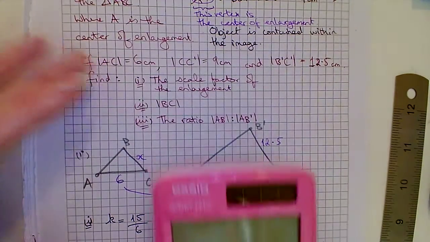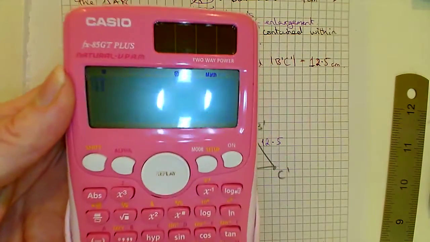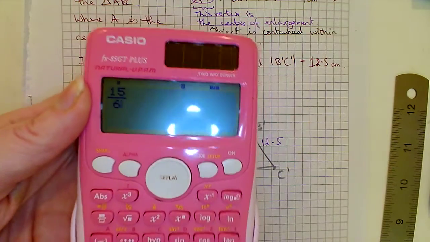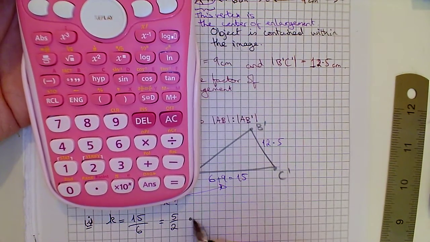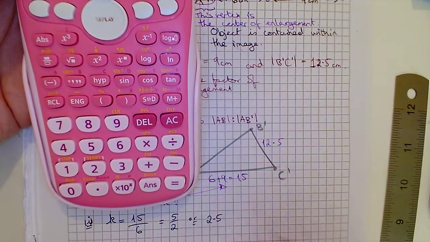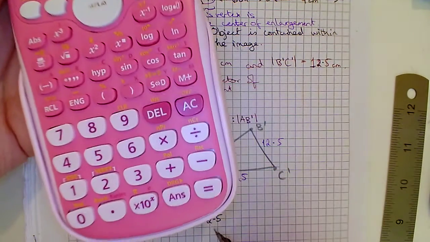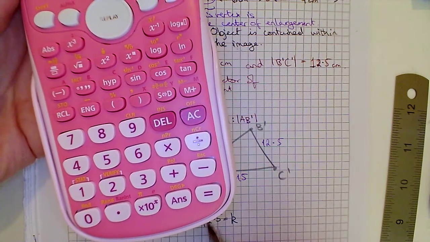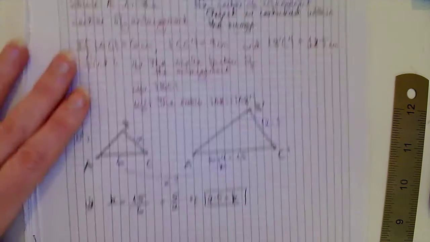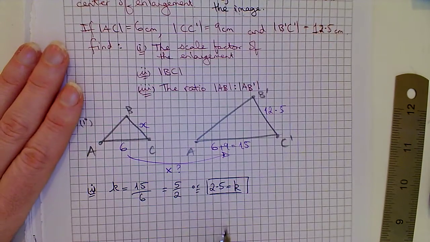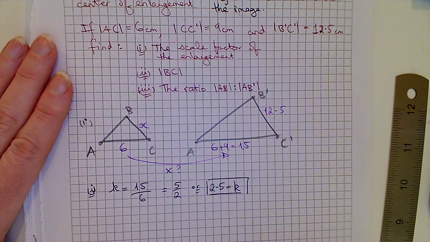And you can leave it like that if you want to, as a fraction, 5 over 2, or you can write it as 2.5. Because that's a nice neat decimal number, I might leave it as a decimal number. It's sometimes easier to put into your calculator than fractions. So 2.5 or 5 over 2 is my scale factor of the enlargement.